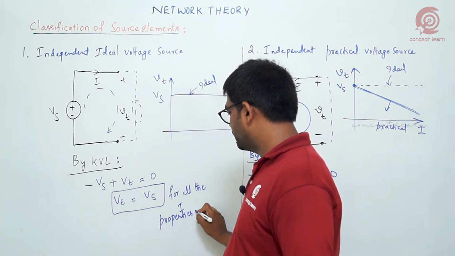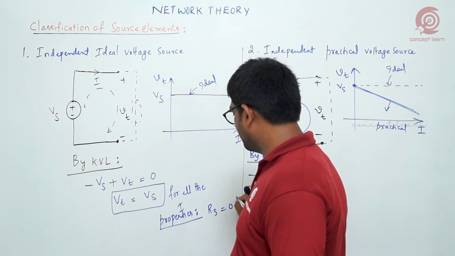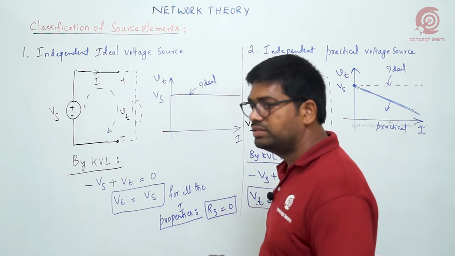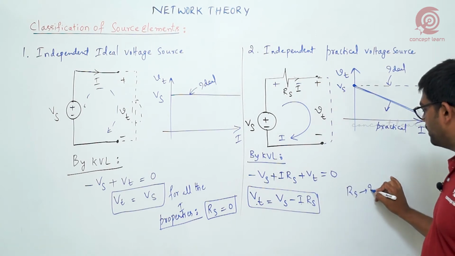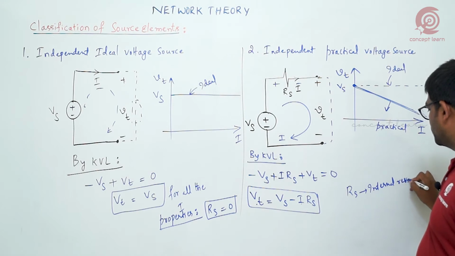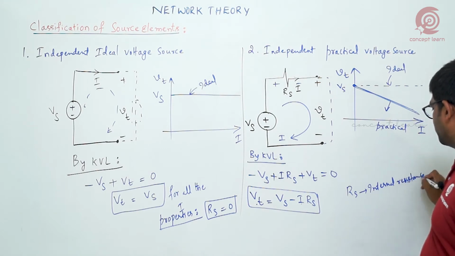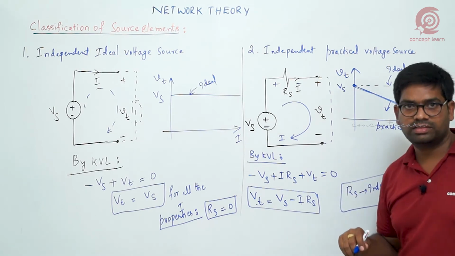Internal resistance is 0 here, but here internal resistance exists. I am just writing exists because some value is present. It could be any value, that depends on the particular circuit.